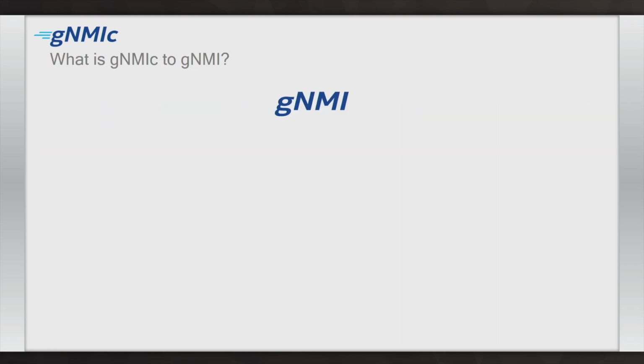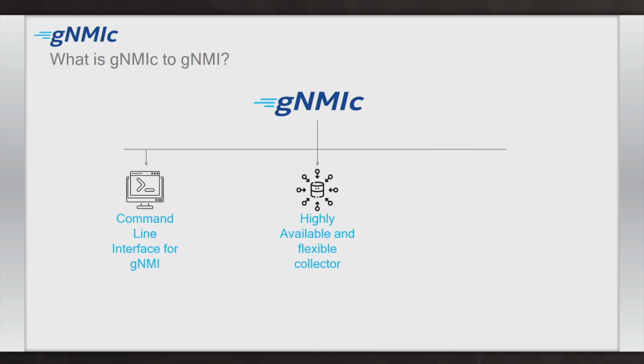Okay, so what is gNMIc? gNMIc is a client. The C can stand for client, collector, or CLI. It's up to you. Pick the one you want. It's a command line interface first. It's also a streaming telemetry collector, and it also creates a Go API, so Go the language here.